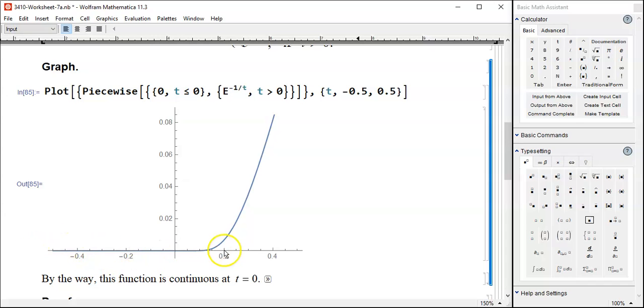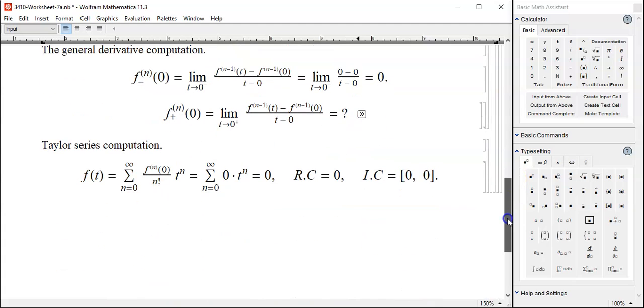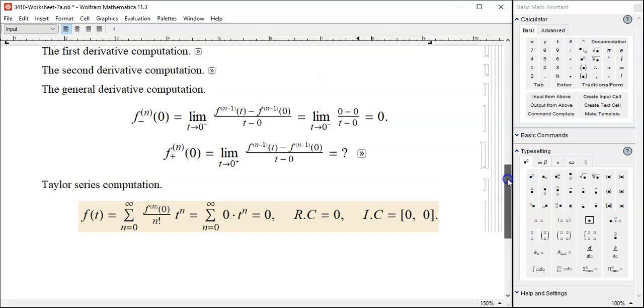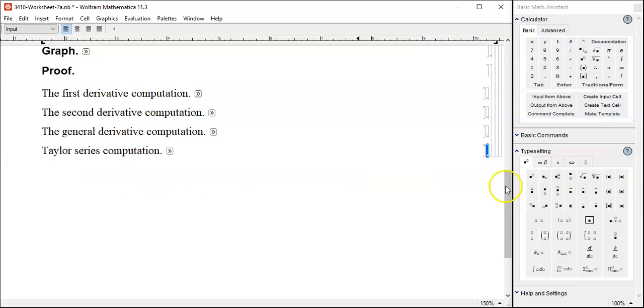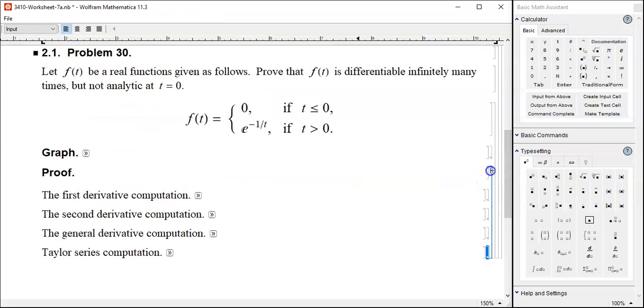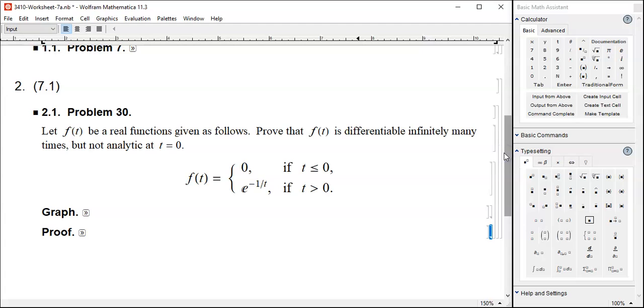Yeah, to the left is constant, but to the right is not a constant, which means this Taylor series expansion is invalid. Radius of convergence is actually 0, and interval of convergence is 0, as a matter of fact. So here's an example of a continuous function which is differentiable infinitely many times, yet not analytic.